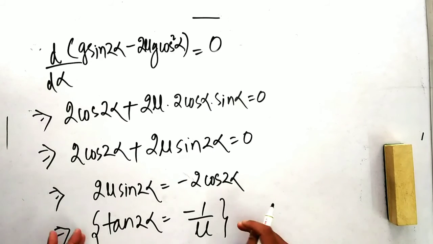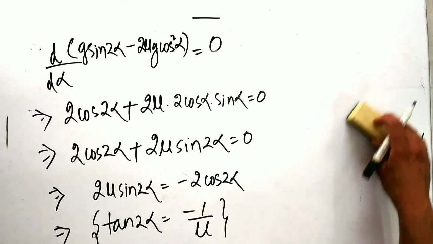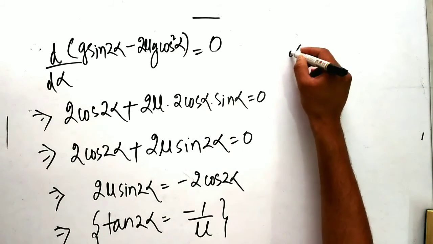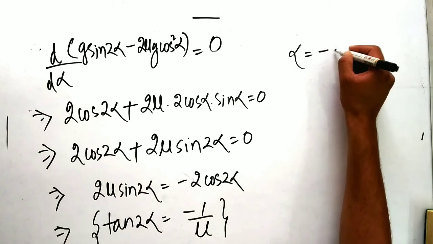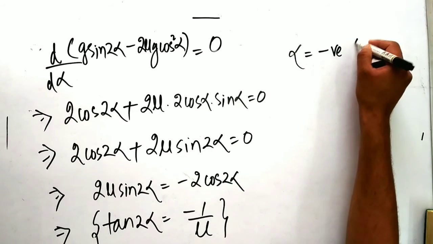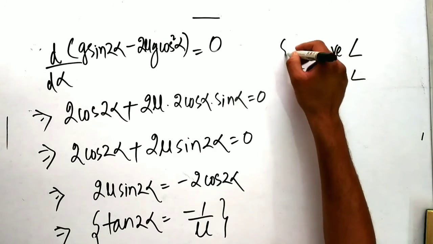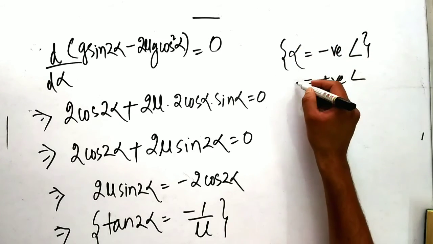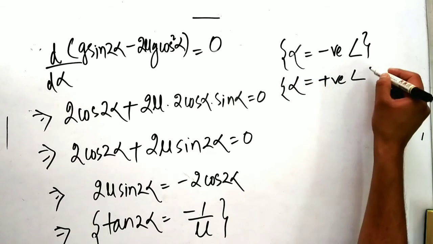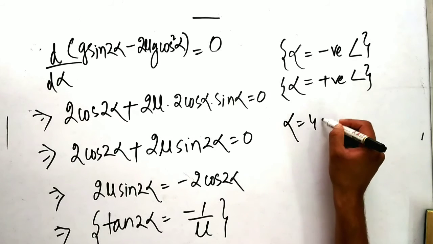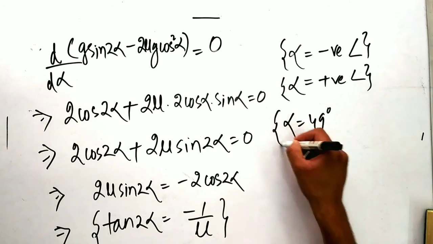Also, to this expression there are two solutions. One of them, you will find alpha equal to some negative angle and some positive angle. You have to ignore the negative value and accept the positive value, which gives us alpha is equal to 49 degrees.